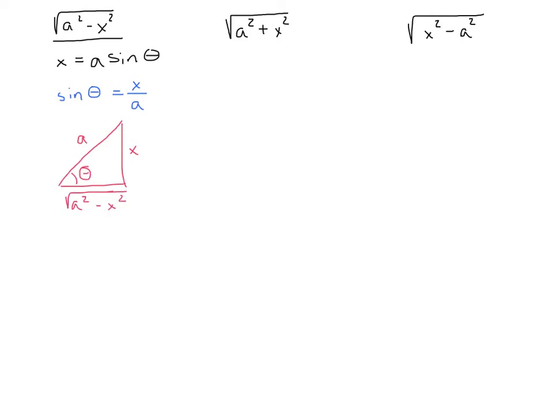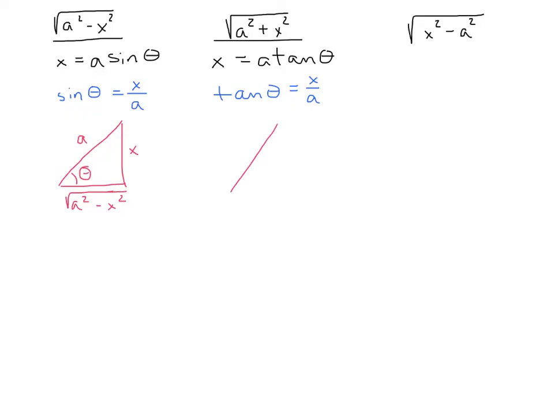Now for this a squared plus x squared, a good choice for a substitution, a lot of the times, will be a times tangent of theta. I'm going to do the same thing here where I'll show you how the triangle works to get us that square root. So the tangent of theta is equal to x over a.